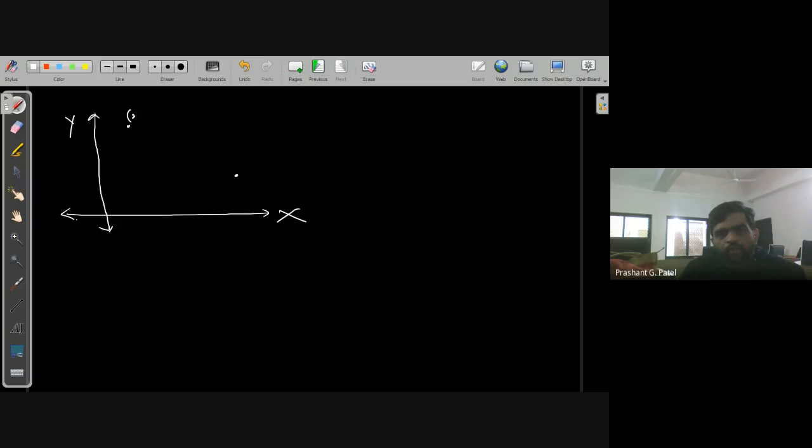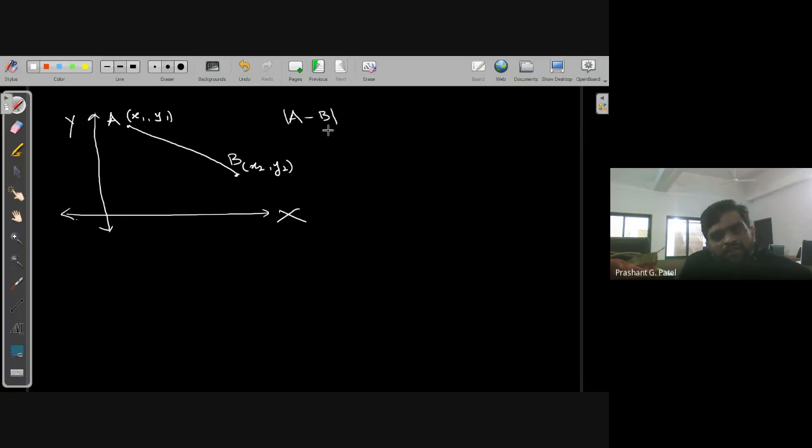Let's say this coordinate is x1, y1 and this is x2, y2. Let's say this is the point A and this is the point B. I denote the distance between A and B as the norm of A minus B.